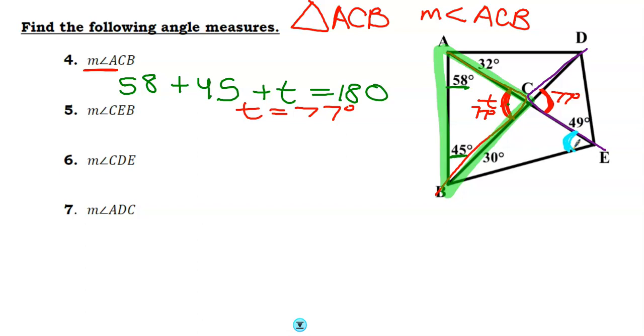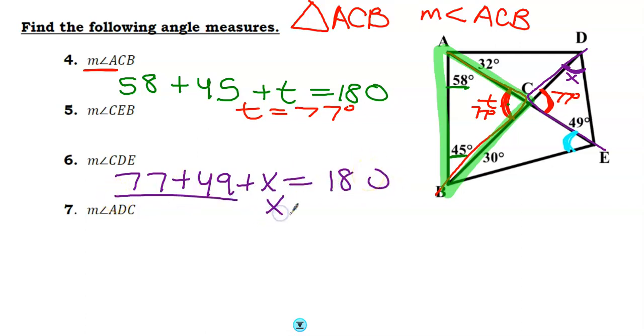CDE, there's the ticket. So for CDE, if this is 77 and this is 49, I can find out what that angle is. Let's make up a letter for that one. So let's call that X. Okay, so in CDE, I have 77 plus 49 plus X equals 180. So you can combine like terms for these.